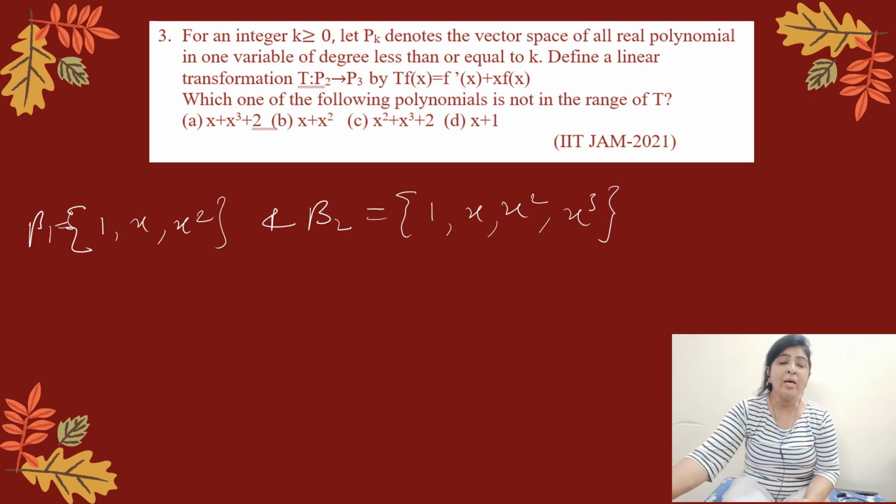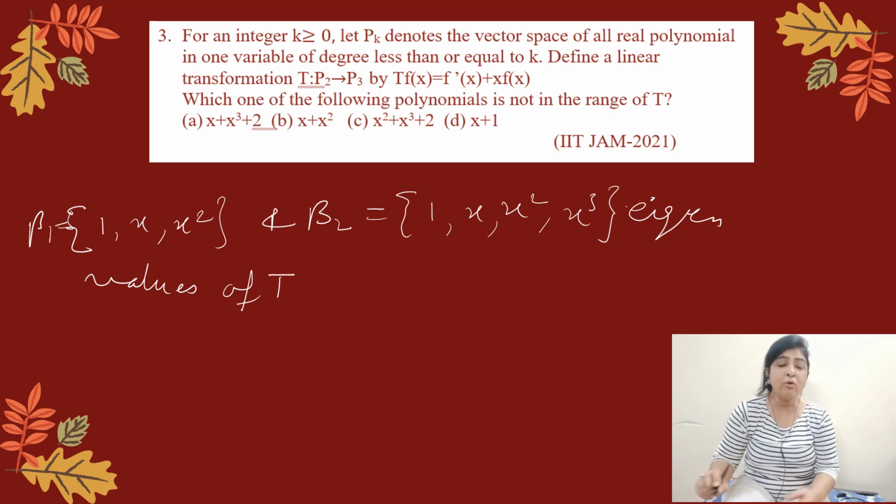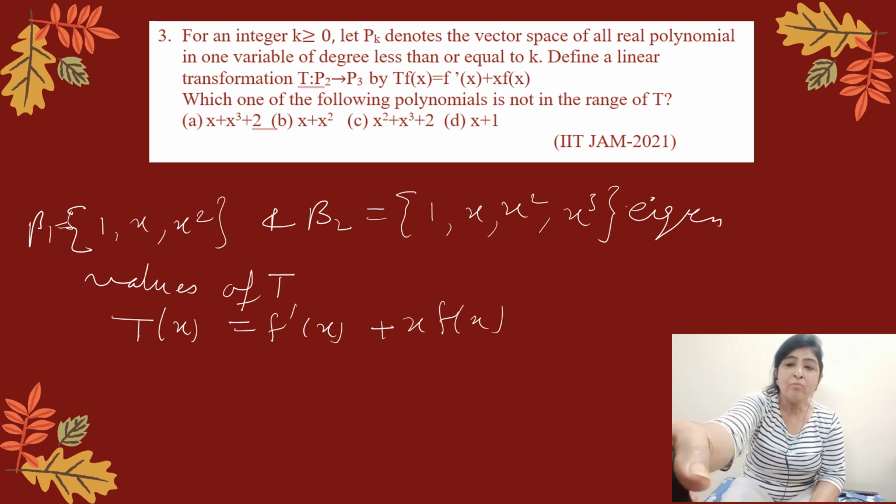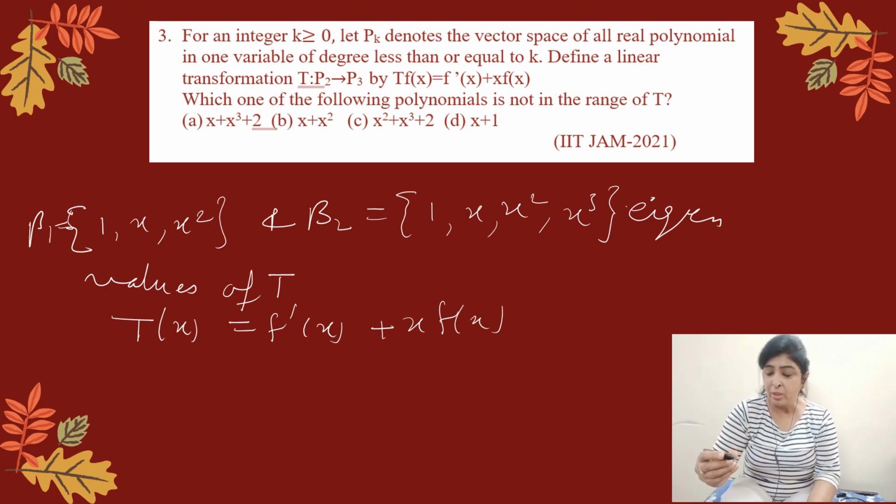These are the bases for P2 and P3. Now what we are given is T of f(x) is equal to f dash x plus x f(x). Clear? This is given to us.